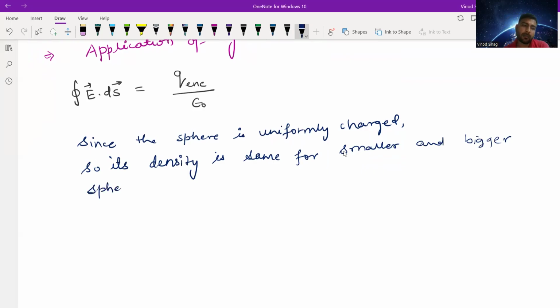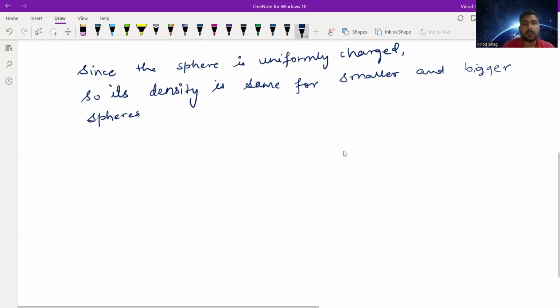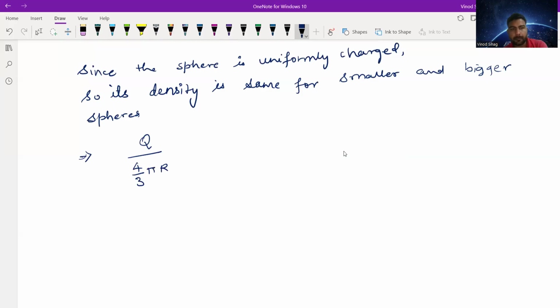Now the density for the bigger sphere will be the net charge upon the total volume of the bigger sphere, so Q upon 4 by 3 pi R cube. Now, the charge enclosed by the smaller sphere is q enclosed, and the volume of that sphere will be 4 by 3 pi r cube, where r is less than capital R.